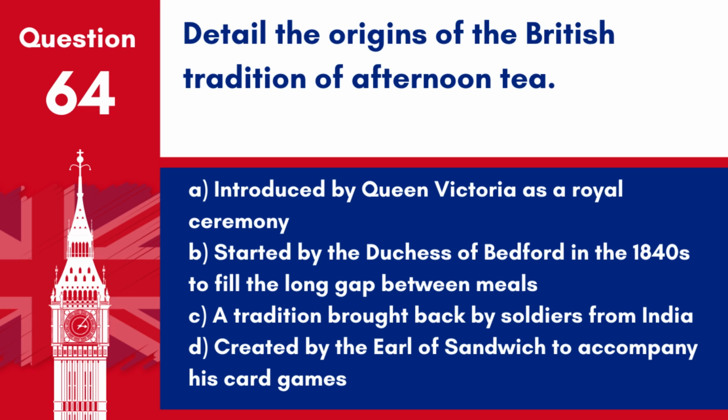A. Introduced by Queen Victoria as a royal ceremony. B. Started by the Duchess of Bedford in the 1840s to fill the long gap between meals. C. A tradition brought back by soldiers from India. D. Created by the Earl of Sandwich to accompany his card games.